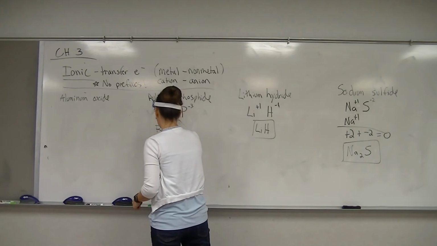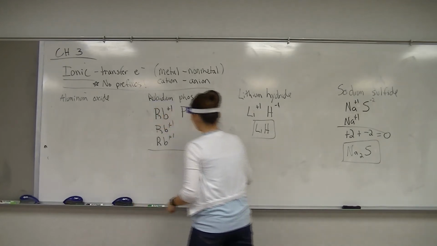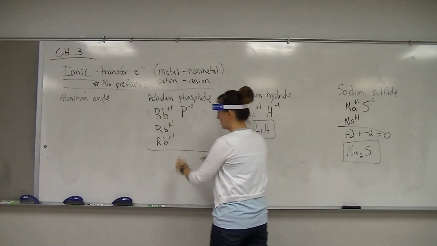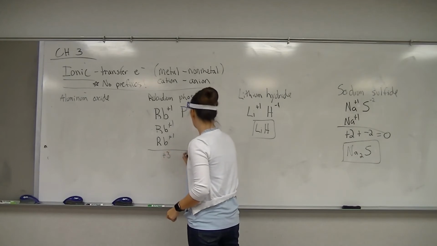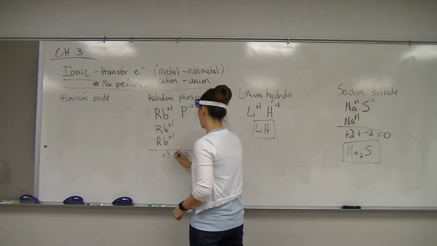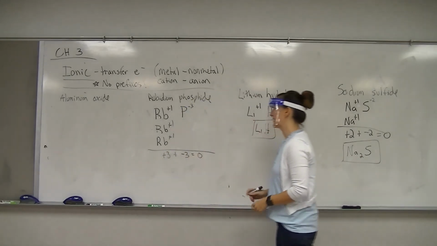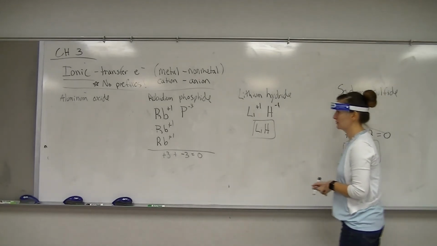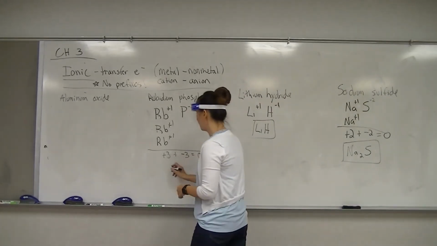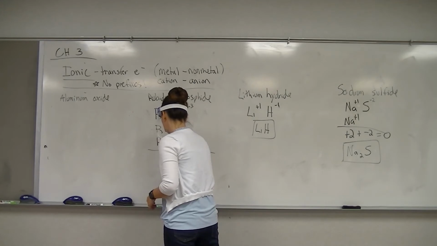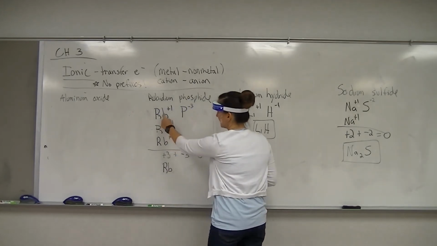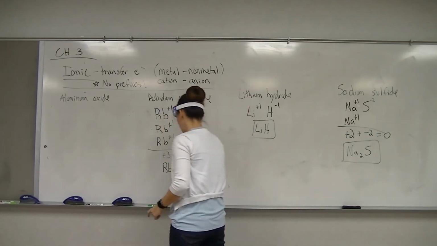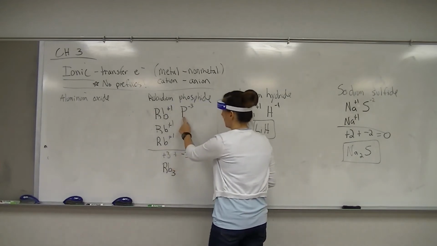So I'm going to add a 3rd one. Now I have a +3 on the cation side, -3 on the anion side, making that an overall neutral compound. So for the chemical formula, I need 1, 2, 3 rubidium atoms, so Rb3, and 1 phosphorus.